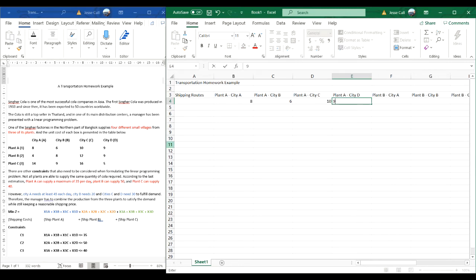We see that right here: plant A to city A, plant A to city B, plant A to city C, plant A to city D. We continue with 4, 8, 12, and 9 for plant B to cities A, B, C, and D, and that's what we've seen here.